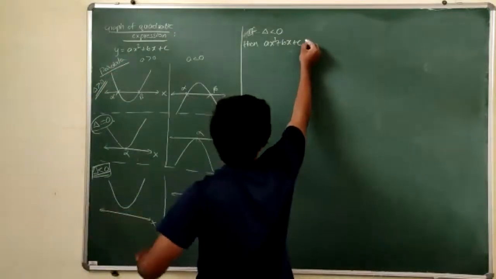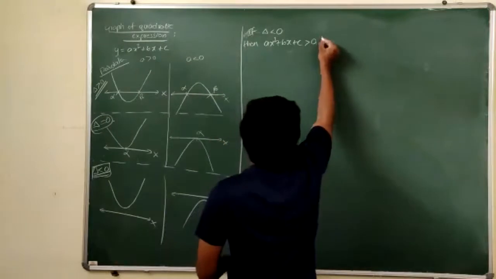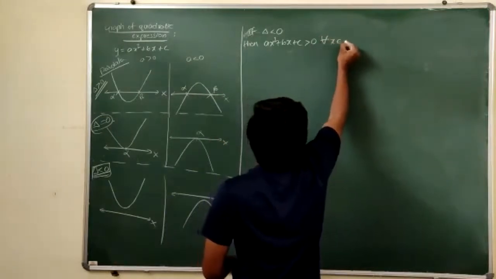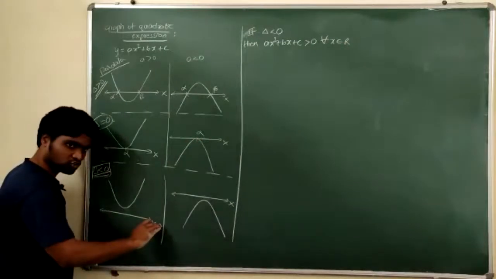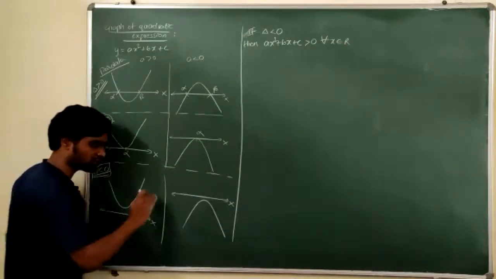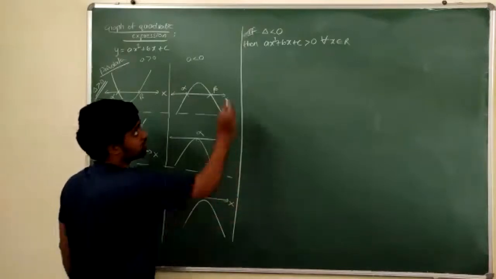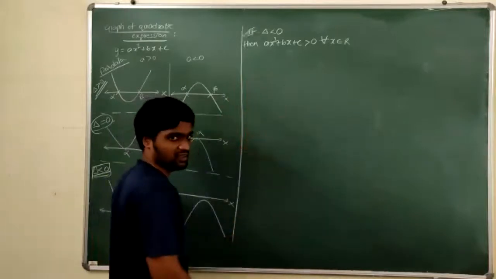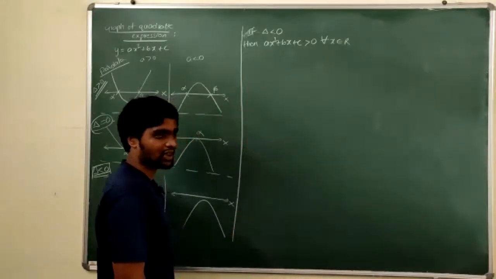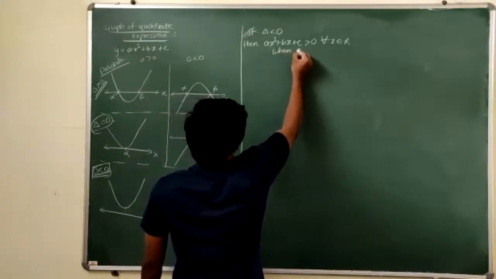How can you write that in mathematical form? Greater than 0 for all x belongs to R. For all x belongs to R, y is always positive. Here for all x belongs to R, y is always negative. So if delta is negative, then ax square plus bx plus c is greater than 0 for all x belongs to R when a is positive.